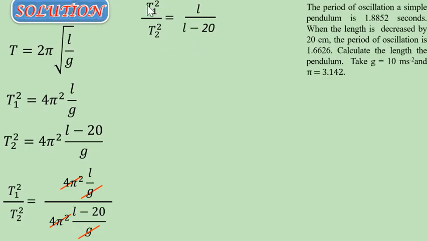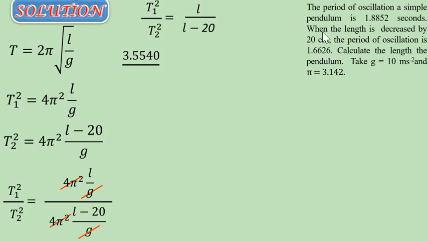We are now going to put the values of the two periods given to us. The first one is 1.8852. Use your calculator, find the square of that. You have 3.5548. Then do the same thing for the second one. The period of the second one is given as 1.6626.